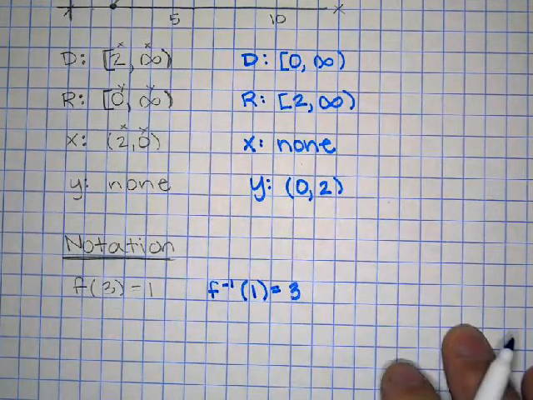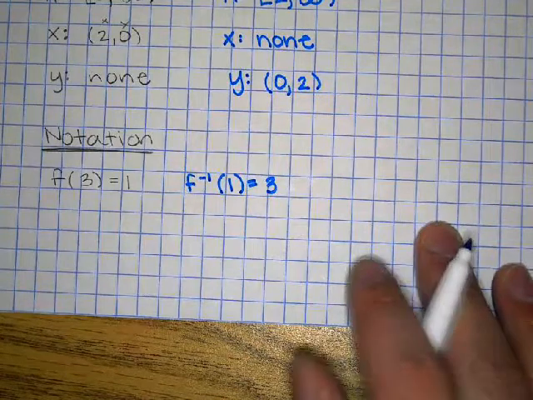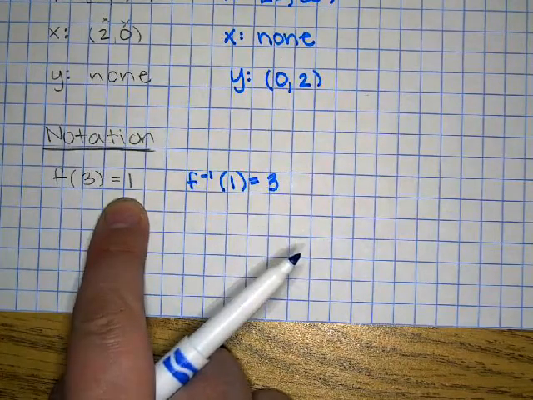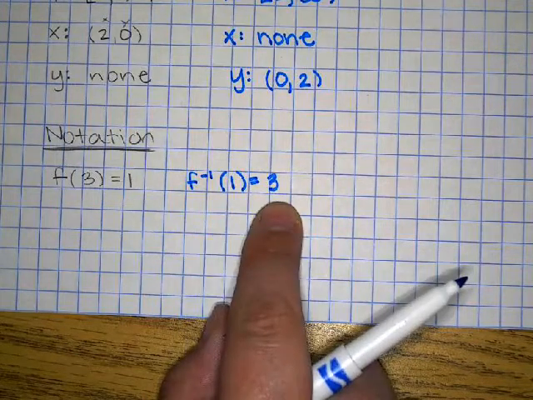Does that make sense? So if I plug 3 into the original function and my output is 1, then that means in the inverse I could plug in 1 and my output would be 3. No, because this is just switching x and y.